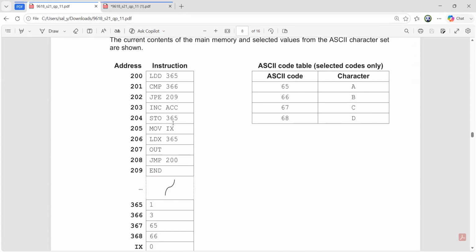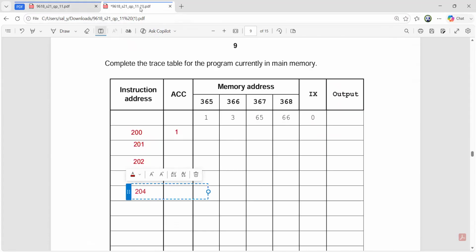STO 365 means whatever is present in the ACC will be stored at 365, and it means that now it will be storing the value of 2 here. So 204 results in moving the contents of ACC to the location that is mentioned here.